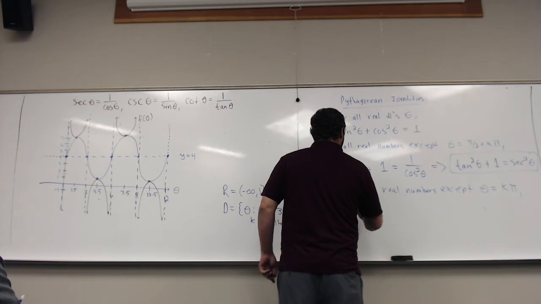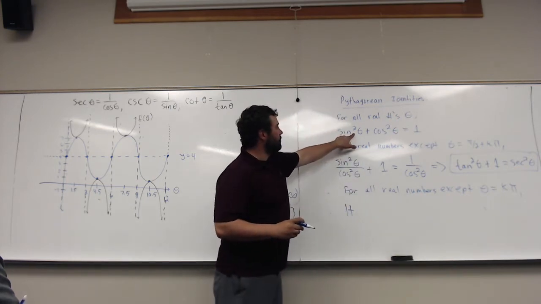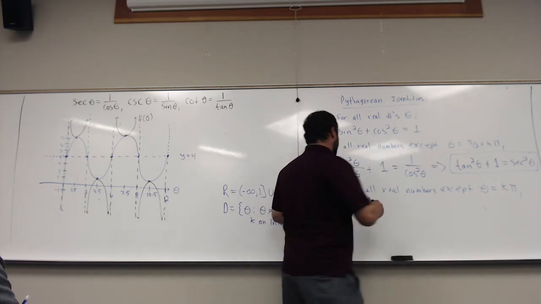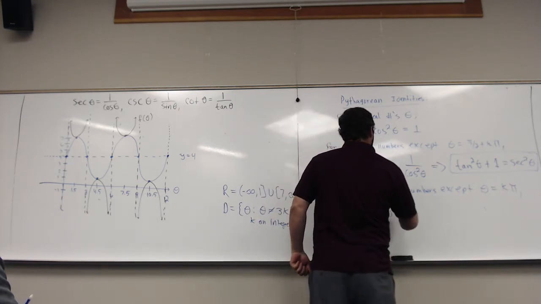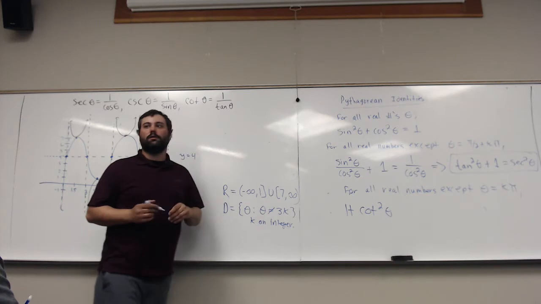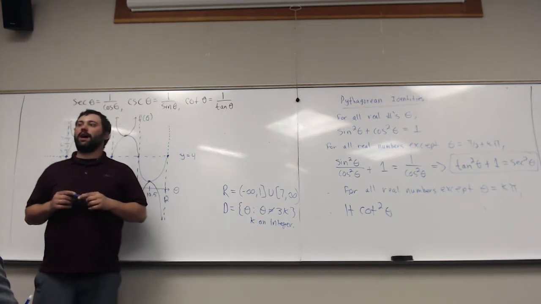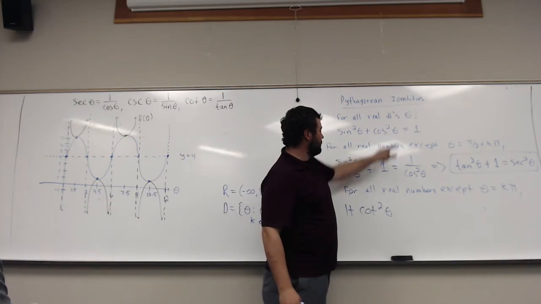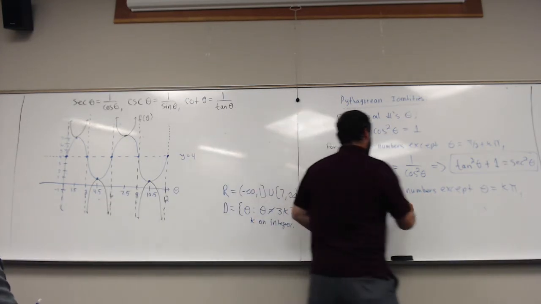What you're going to get is 1 plus, so sine squared over sine squared is 1, cosine squared over sine squared is going to be cotangent squared. I got that from the fact that since tangent is sine over cosine, cotangent is cosine over sine. So cosine squared theta over sine squared theta is cotangent squared.